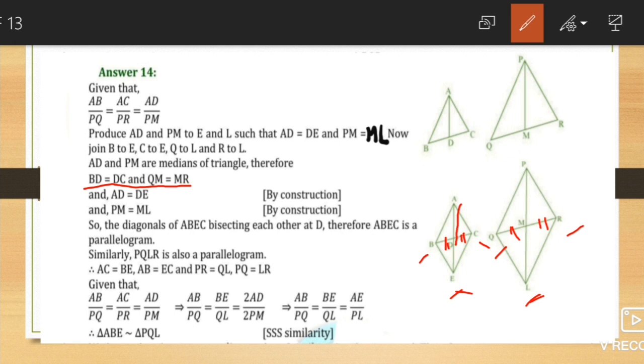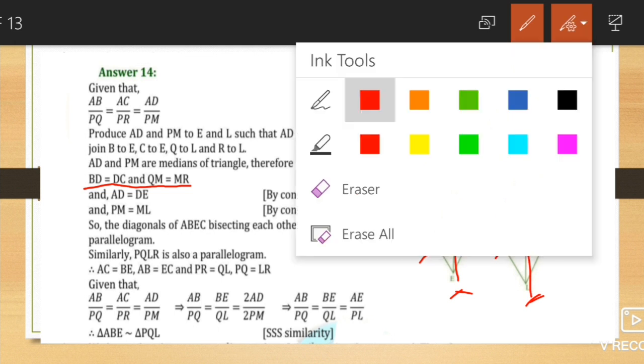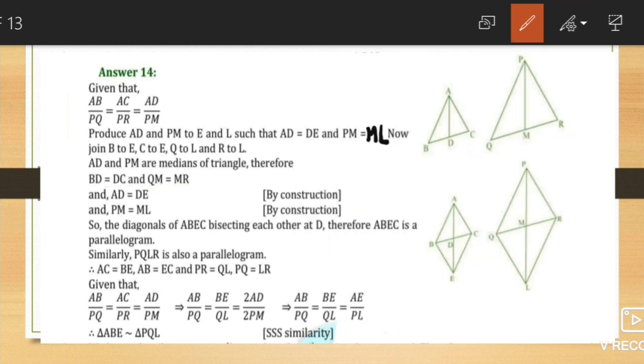Now also it is given that AD is equal to DE and PM is equal to ML by the construction. So you have proved that AD is equal to DE and BD is equal to DC.